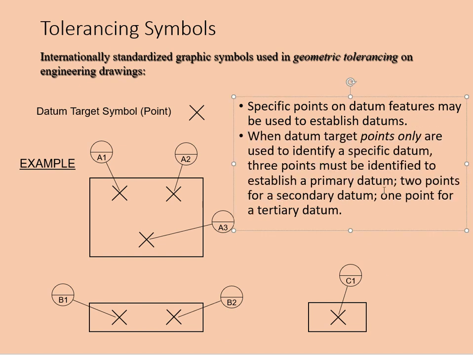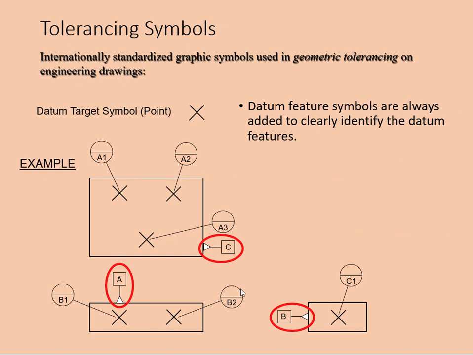I will separate this for you so you can read it clearly. Now we're going to bring in our datum feature symbol where your datum target symbols are, and we're going to stick it there. So this is C, that's the A surface, and that's your B surface.